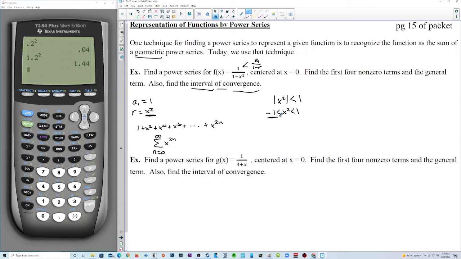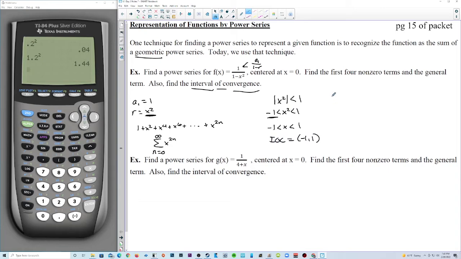However, we're kind of square rooting each number in that interval, -1 to 1, in order to have a value in which you square it, and that number is not bigger than 1. Well, the original number has to be less than 1. So the interval is -1 to 1. So the interval of convergence is -1 to 1.